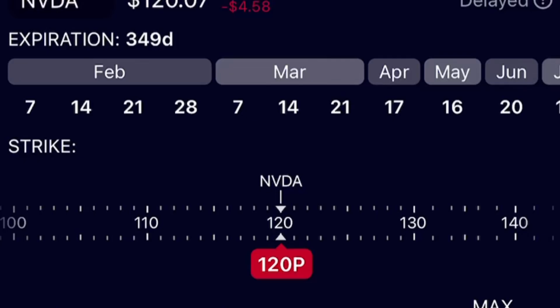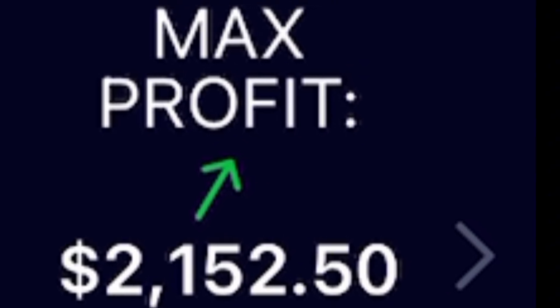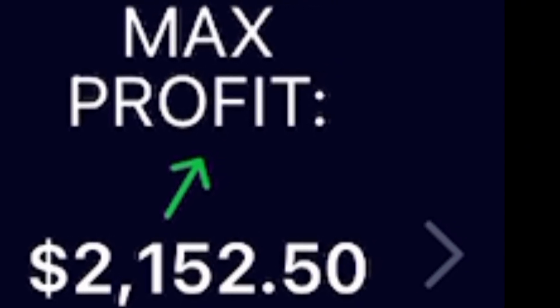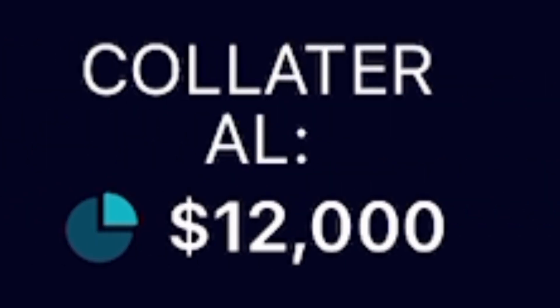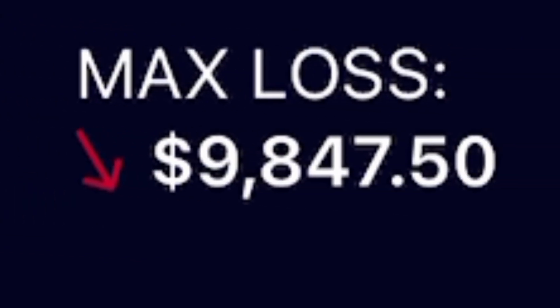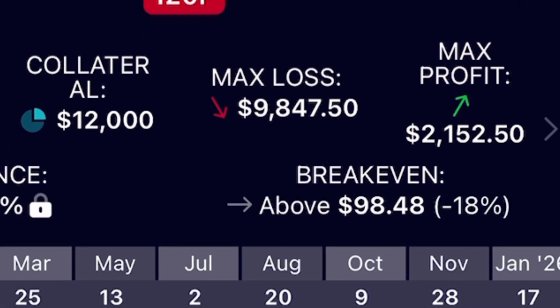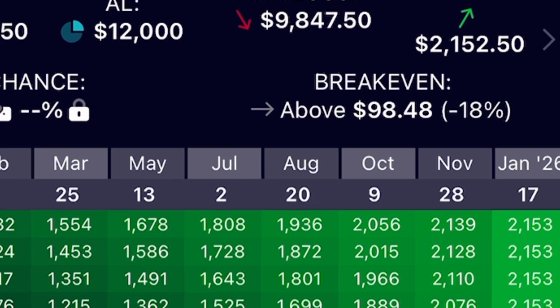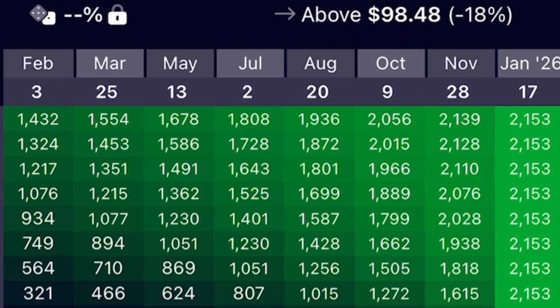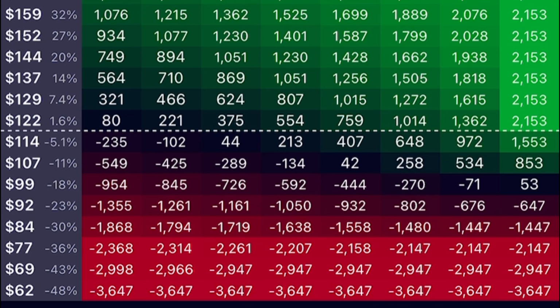For this strategy, you will earn a max profit of $2,152.50, and the collateral you will need is only $12,000. The max loss you can have is $9,847, as you can see over here, and the break-even price is $98, which means Nvidia has to drop below $98 for you to even start losing $1.